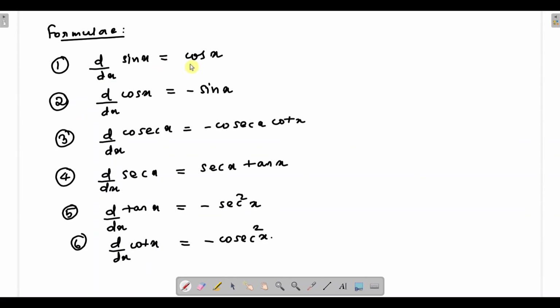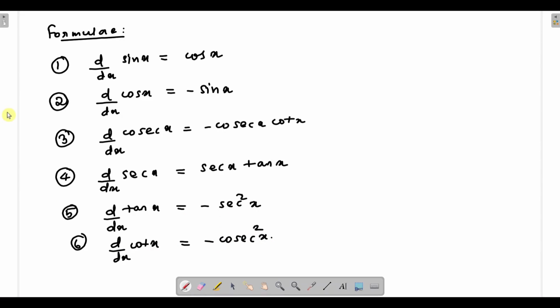The derivative of sin x is equal to cos x, derivative of cos x is equal to minus sin x, derivative of cosec x is equal to minus cosec x cot x, derivative of sec x is equal to sec x tan x, derivative of tan x is equal to minus sec square x, derivative of cot x is equal to minus cosec square x.